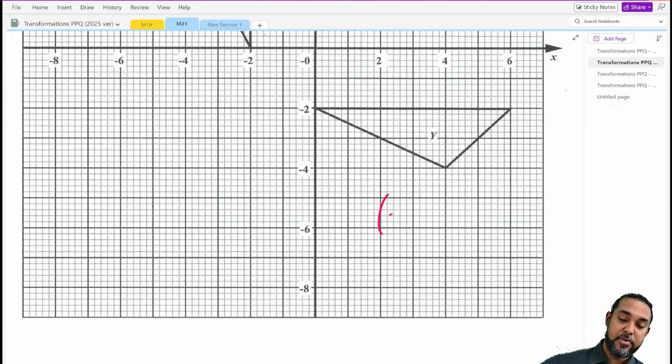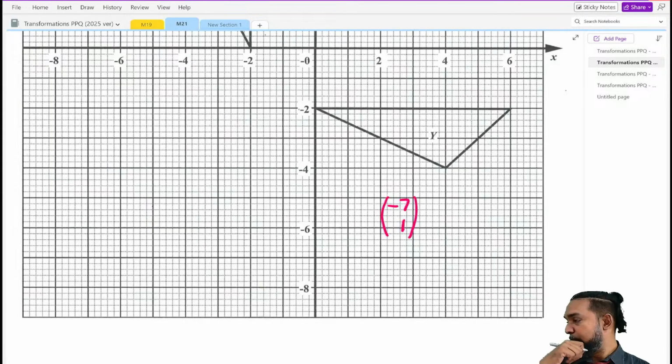A translation is a shift horizontally and or vertically. So you need a translation vector with a horizontal and a vertical component. Now, either one of them could be 0, but not both.